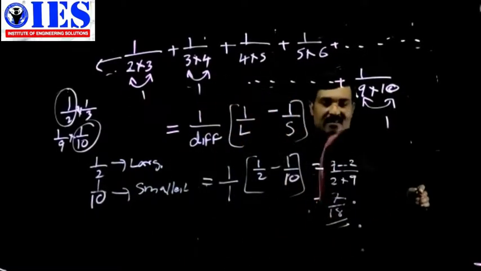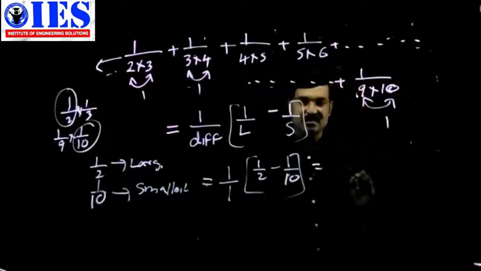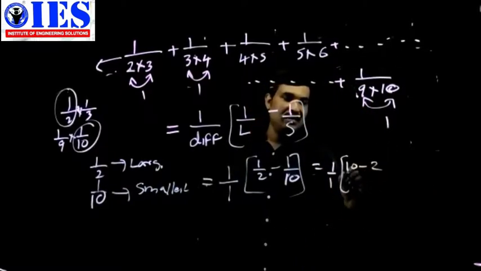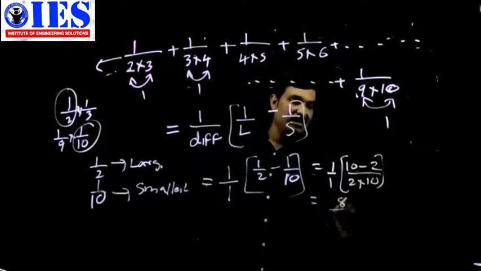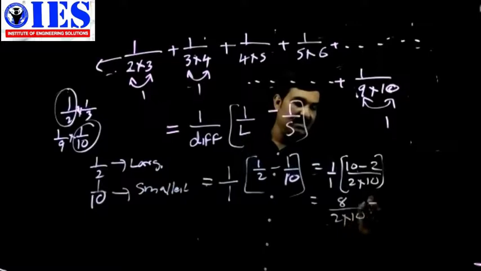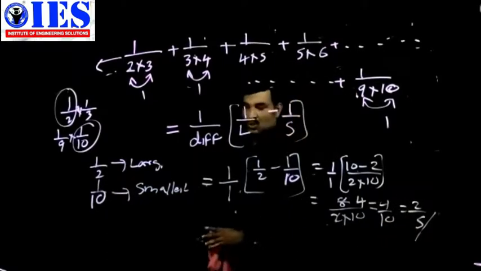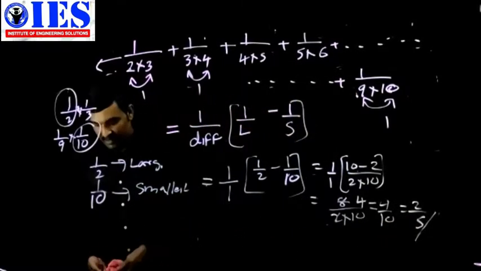Right. Now we need to simplify this. This becomes 1 by 1 times 10 minus 2 divided by 2 into 10. That is equal to 8 divided by 2 into 10, which is equal to 4 by 10. We can simplify again, and the answer becomes 2 by 5. Right.